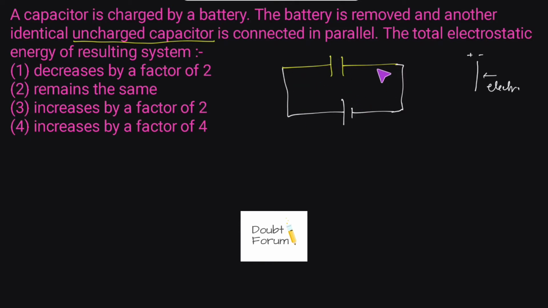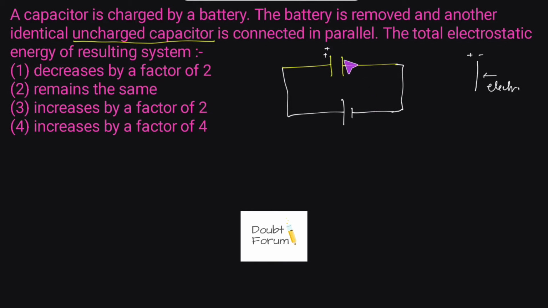But once we connect a battery across this capacitor, due to the positive polarity of this plate of the battery, the negative charges inside this plate will get attracted towards it. So the induced net charge would be positive in nature, because the negative charge is attracted towards the battery, so the remaining charge on this side of the capacitor plate would be positive.